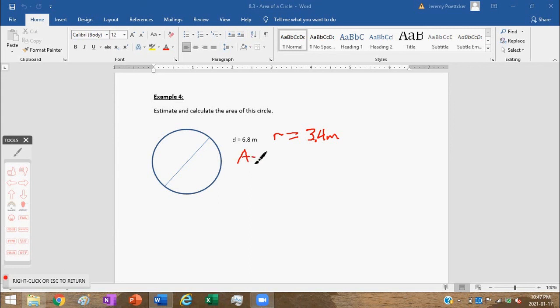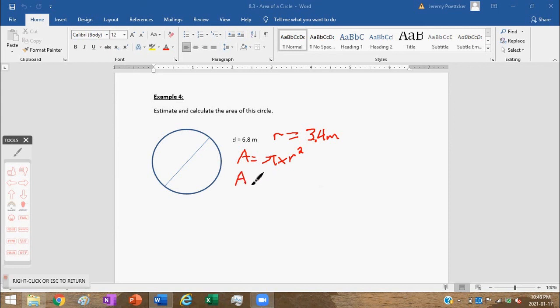So area is going to be pi r squared. So estimating, well, pi is about 3, times 3 times 3 is about 27. 27 is going to be low because everything's rounded down, but again, my answer should be in the tens. If I end up in the thousands or something goofy like that, I've probably missed a decimal place in my calculator.